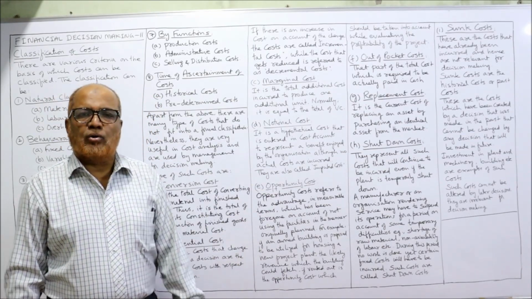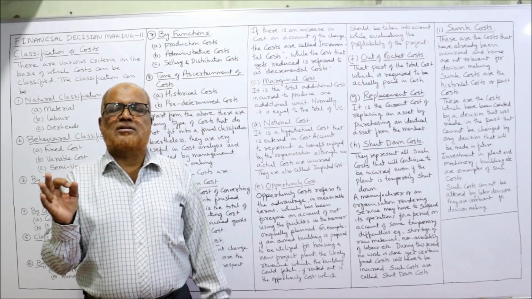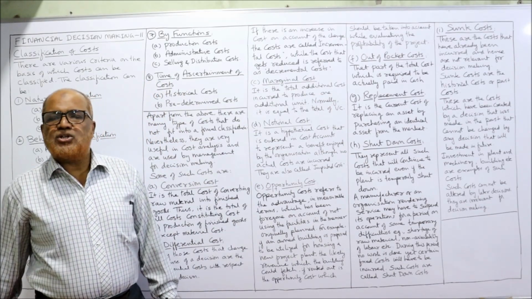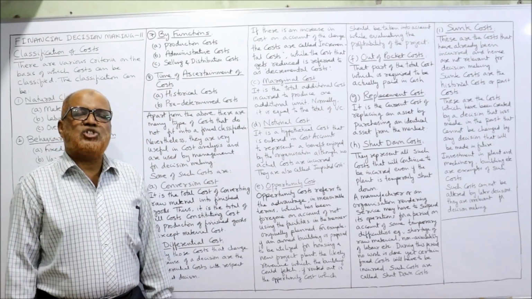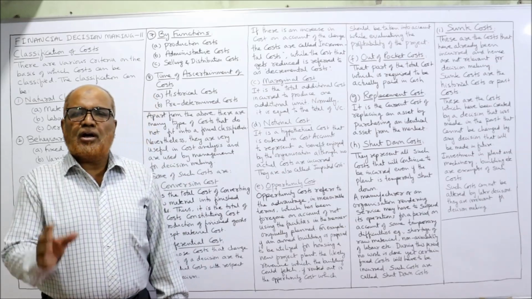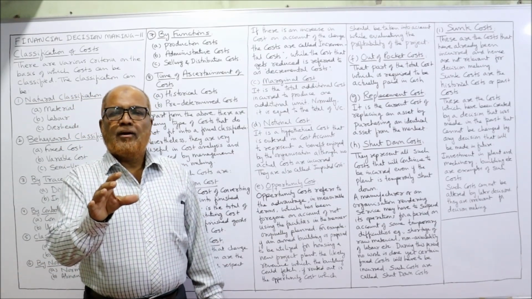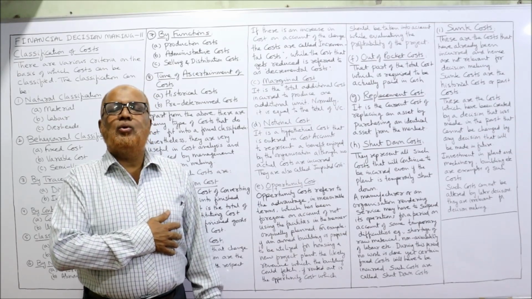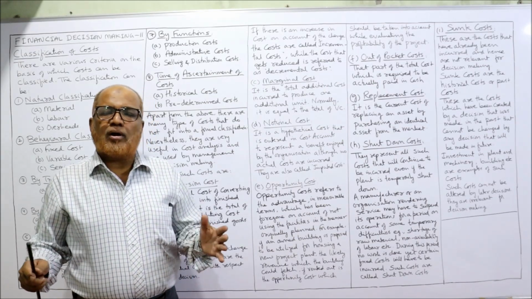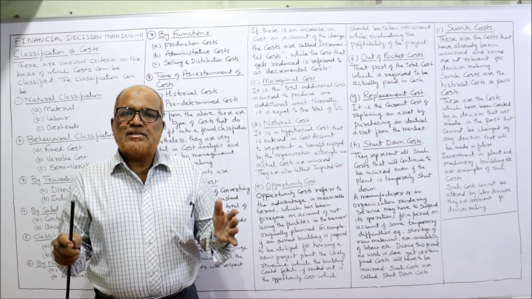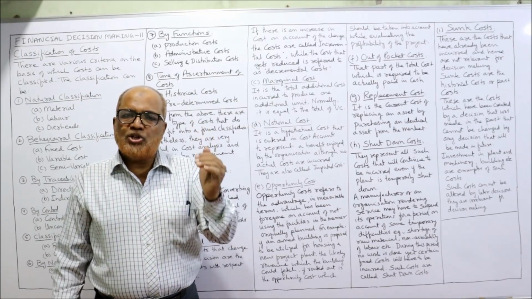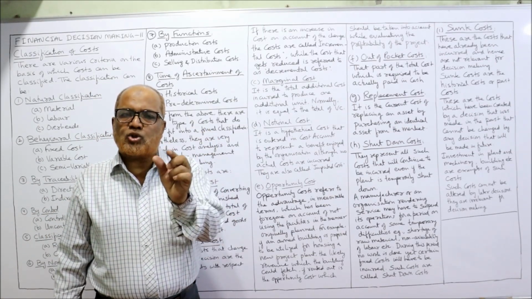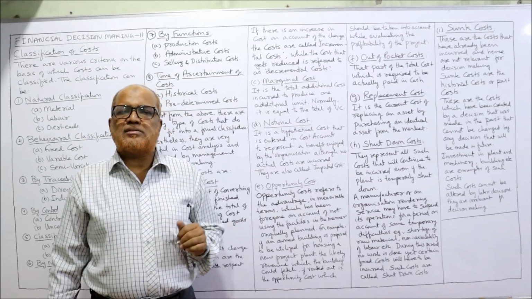Next comes shutdown cost. Very, very important. Very frequently in examination, this question will be asked about what is shutdown cost. The cost incurred when the plant is temporarily shut down due to some reasons. In some organizations, the plant has to be shut down for a short period of time on a temporary basis.